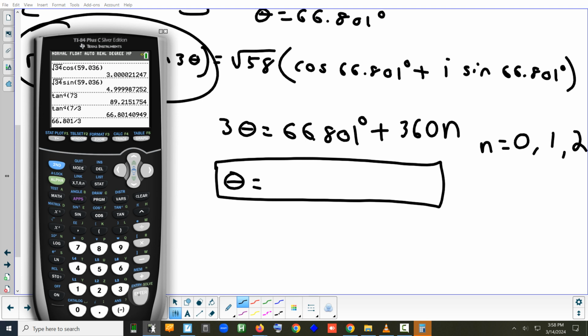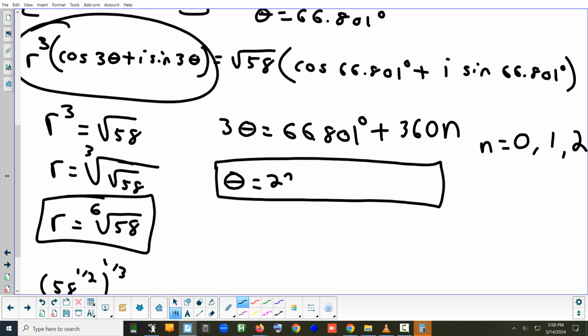And now you've got 66.801 divided by 3, 22.267. Plus what would go on the end of that? 360n. But you've got to divide it by 3. 360n over 3? So 120. Okay. Now from here, you would write your 3 answers.